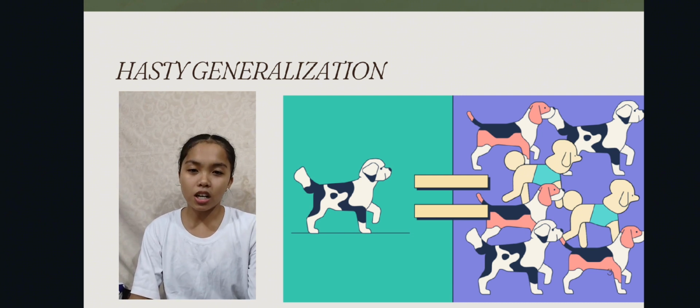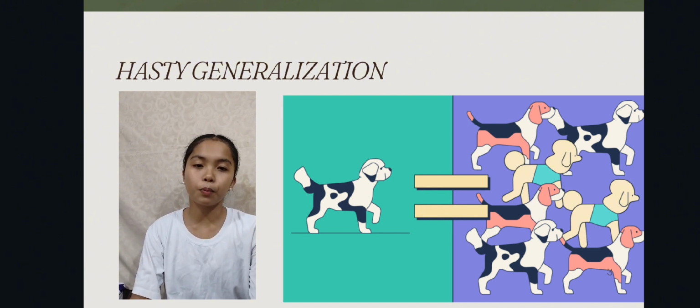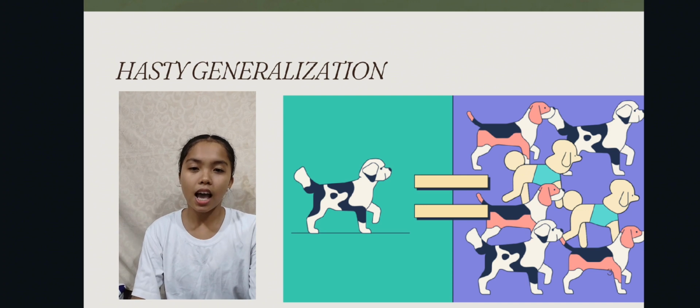It's similar to judging a whole book by reading just one page. To avoid hasty generalization, it's important to gather a more comprehensive and varied set of evidence before forming conclusions about larger categories or ideas. We will show an example about this fallacy.